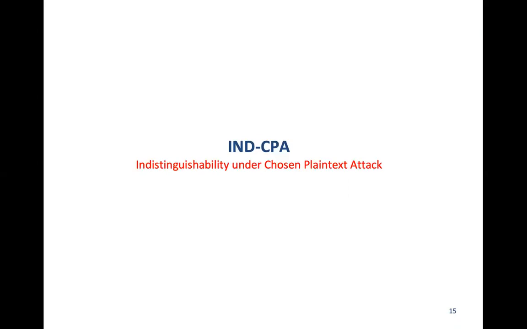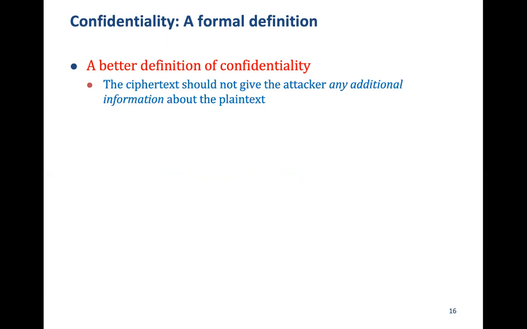Then we come to this method called IND-CPA, which is essentially the short form of indistinguishability under chosen plaintext attack. Now we can give a little better definition of confidentiality. The ciphertext that is being sent after encryption should not give the attacker any additional information about the plaintext.